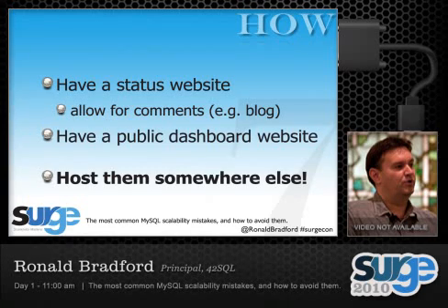And the most important thing, for people I've even seen that do this, is don't host it in the same environment that you host your servers. Because when something's down, you want to be able to notify people, and I've seen people that do this, where we want to notify our users that our site's down, but our notification site is also down. So it defeats the point. Successful scalability comes from having that level of redundancy in place.